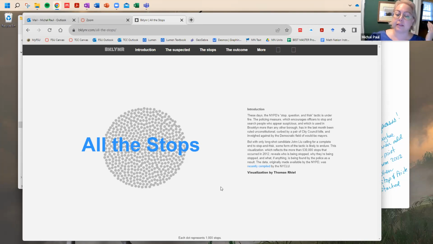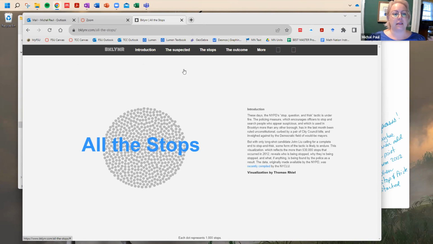It's using publicly released data from New York City, so it's the police's data. Each of these dots represents 1,000 stops. In this dynamic infographic, as I click through these titles up here, we're going to see the dots move into different categories based on some questions being asked about the stops.